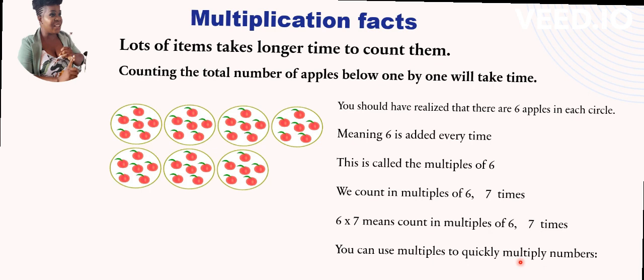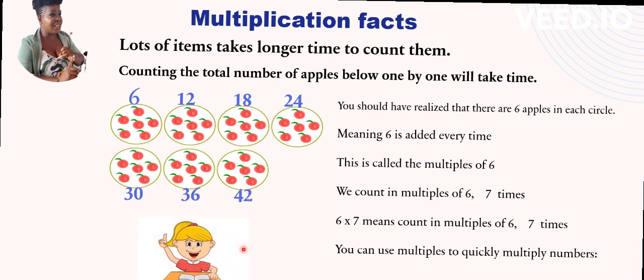You can use multiples to quickly multiply numbers. 6 multiplied by 7: 6, 12, 18, 24, 30, 36, 42. And the answer will be 42.